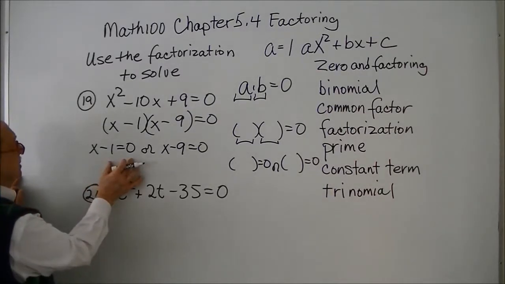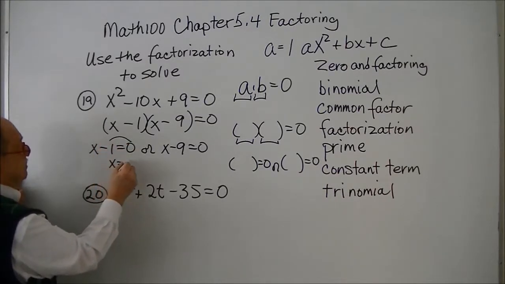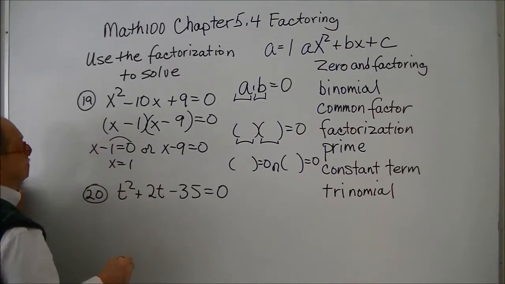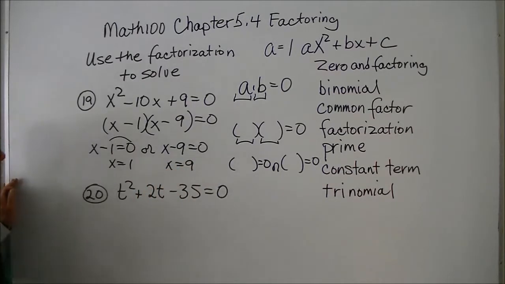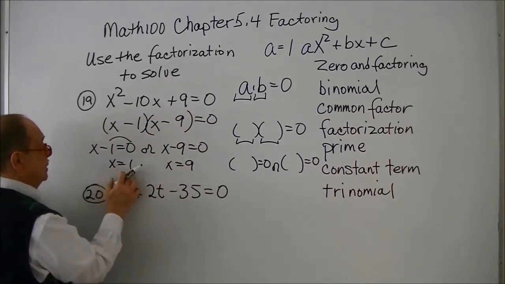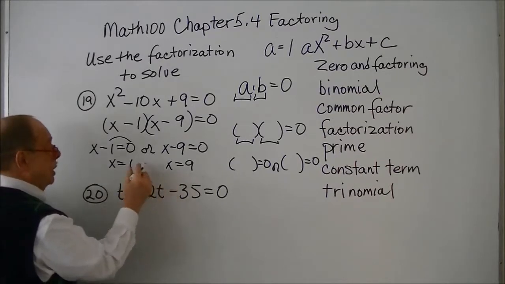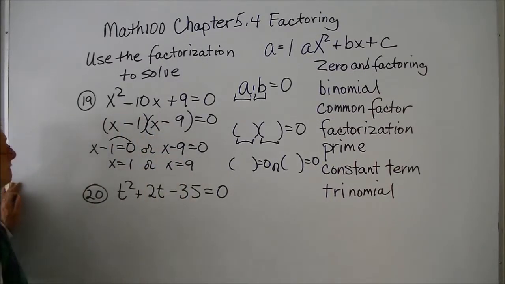So what do we have here now? Well, all we have to do is transpose that. x equals 1. And here, x equals 9. And our solutions for this equation are that x equals 1 or x equals 9. And let's just check one here.